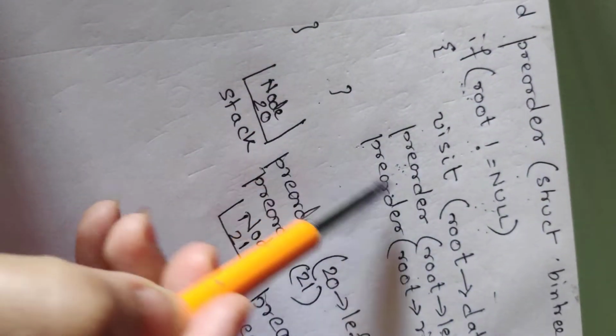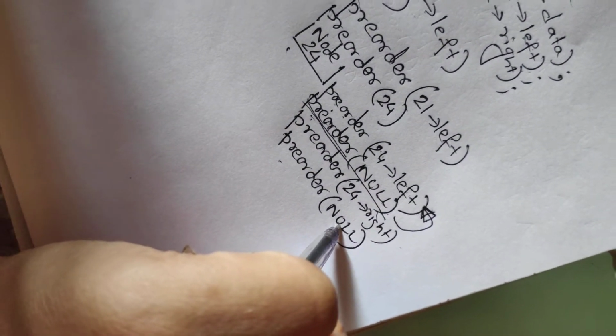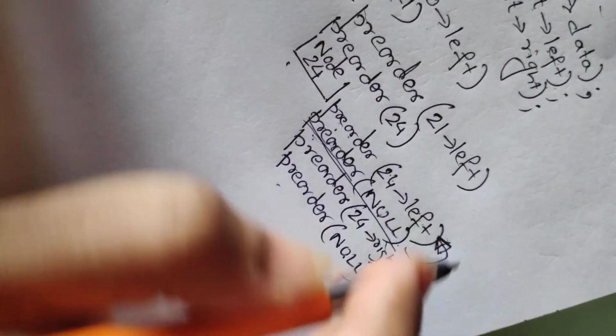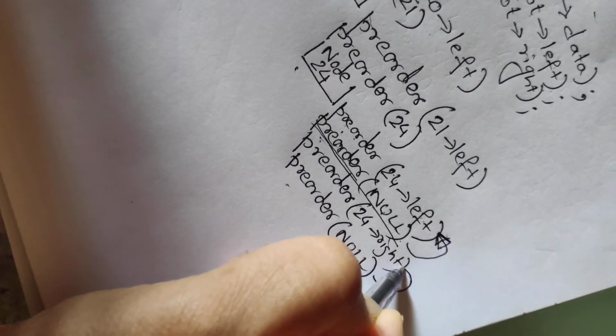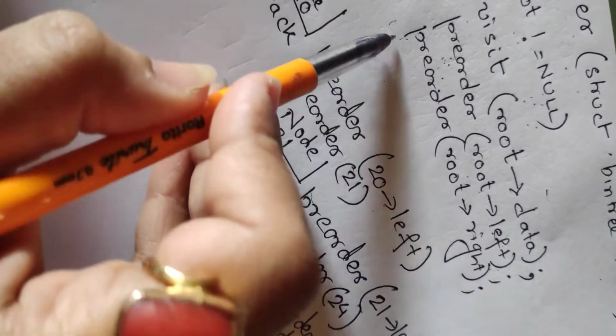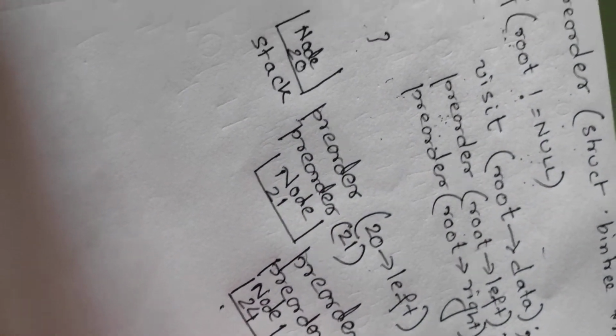As a result, nothing is done. So preorder null, this is also done. Execution of this preorder call is done. So the control comes back to this point where you had called 24 right.